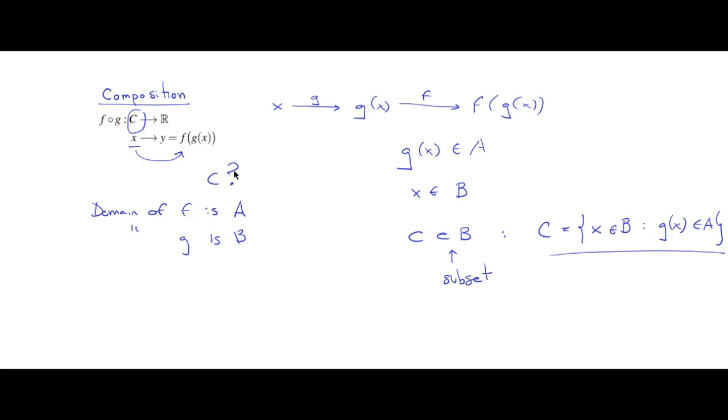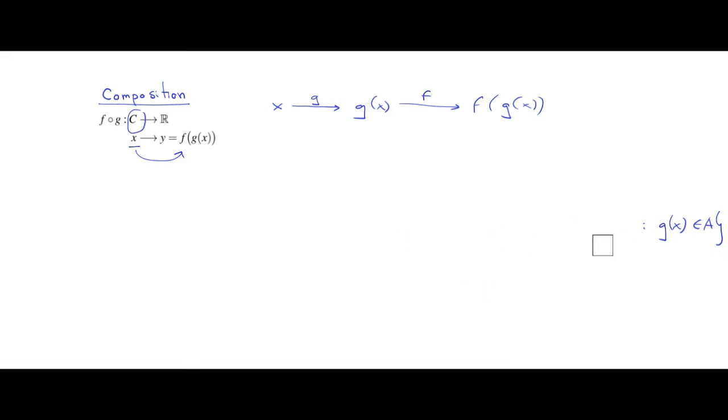But it's not easy to get a general rule of how it is, so let me give you an example. Suppose we have f of x is 1 over x minus 1, and g of x is the sine of x.